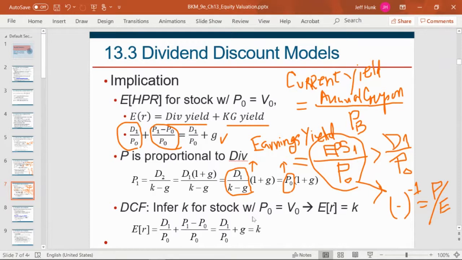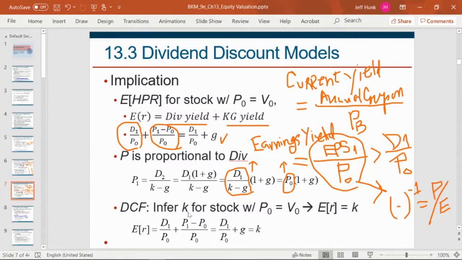So this is the mathematical verification of that. And the discounted cash flow model is a broader concept than DDM, the dividend discount model.